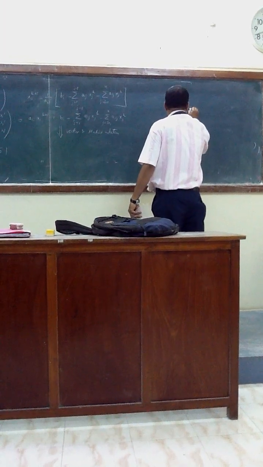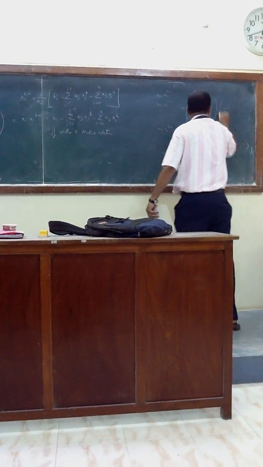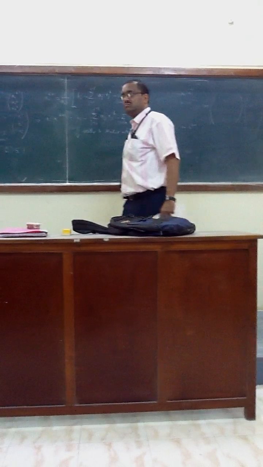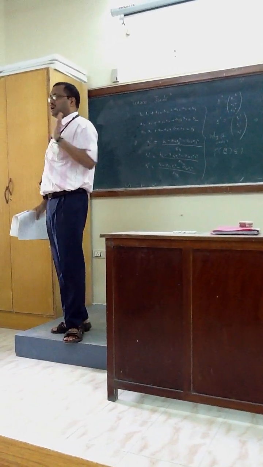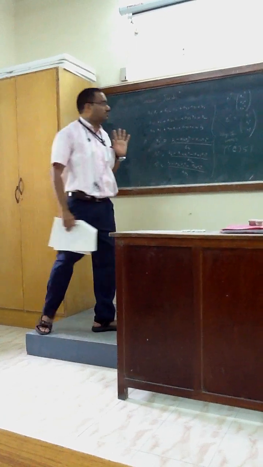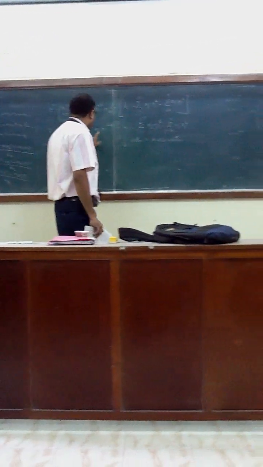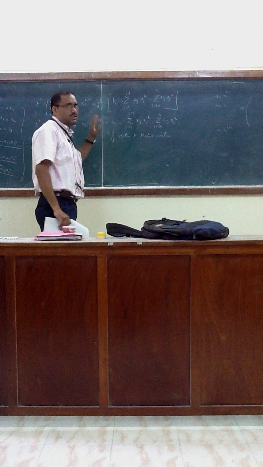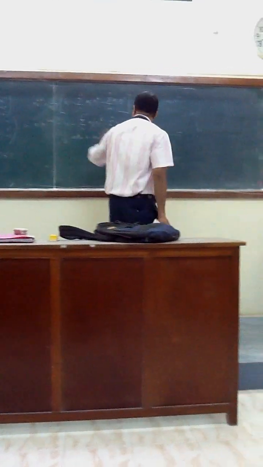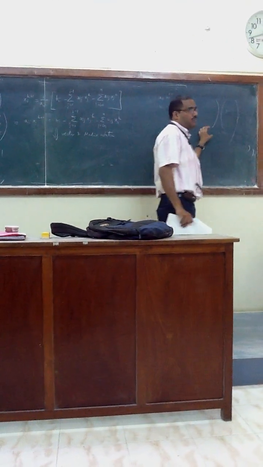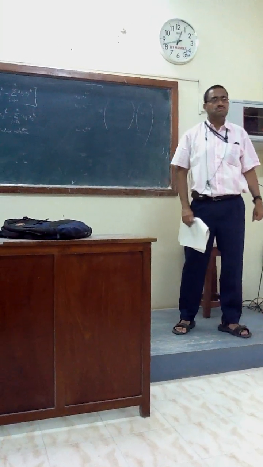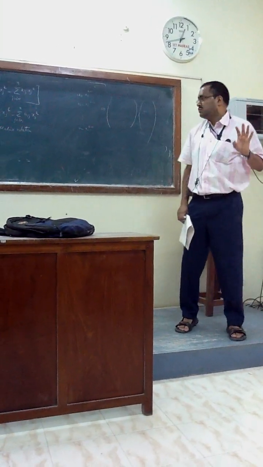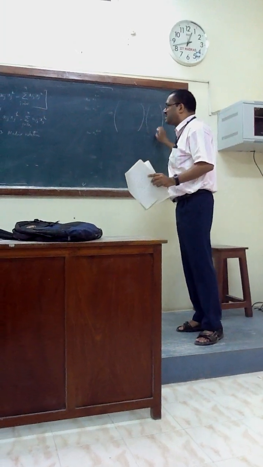How can you write this kind of thing in matrix form? We can write this as matrix and vector multiplication. Why matrix? Because 2 indices is a matrix, 1 index is a vector. So it is quite clear that this is an outcome of matrix and vector multiplication. What is that matrix and what is the vector?